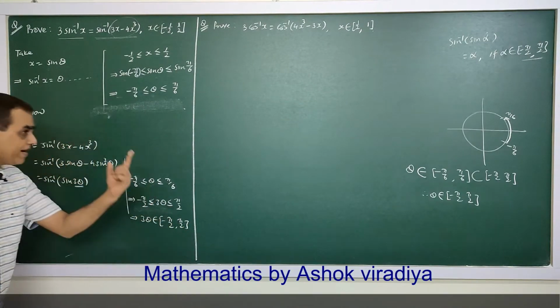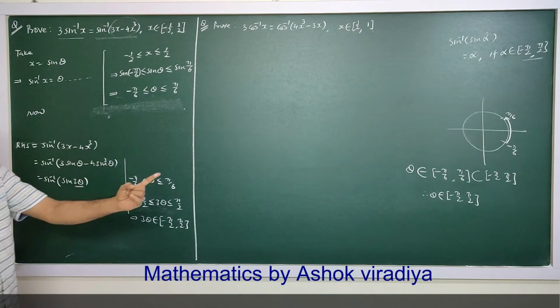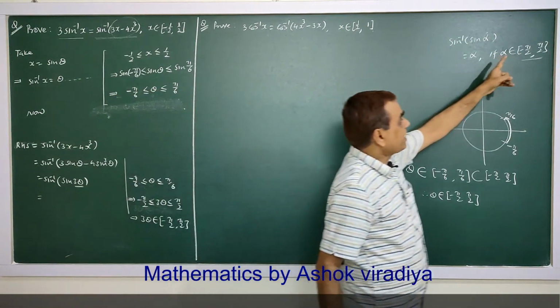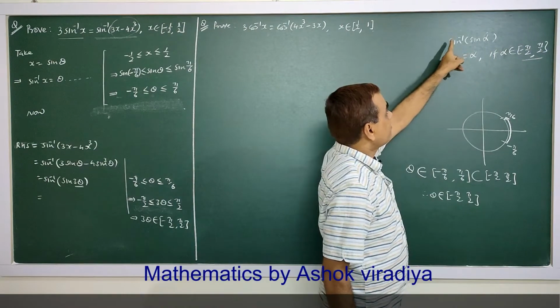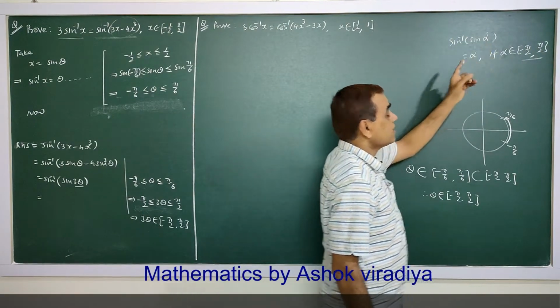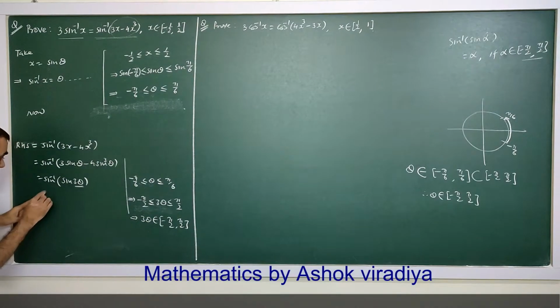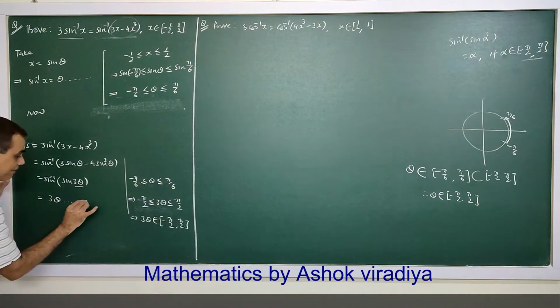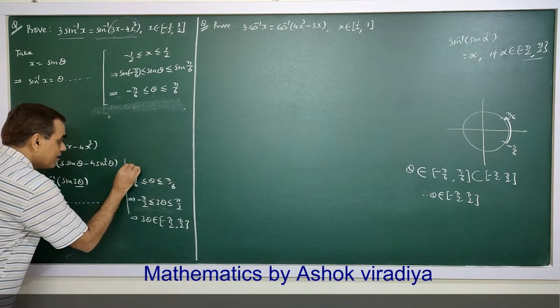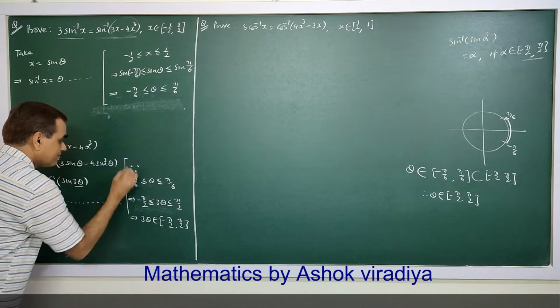It is the domain of sine. 3 theta belongs to minus pi by 2 to pi by 2. Therefore sine inverse sine 3 theta equals 3 theta. So now we are allowed to put this equal to 3 theta. The reason for this step is explained here.